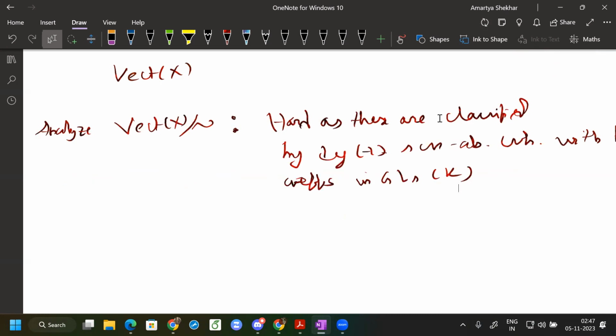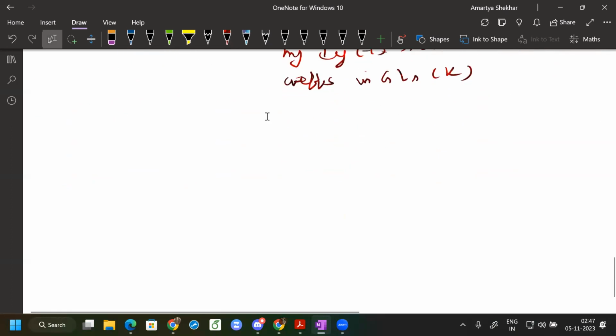The big picture that everyone has in mind is that K theory forces bundles to be classified by an abelian cohomology.